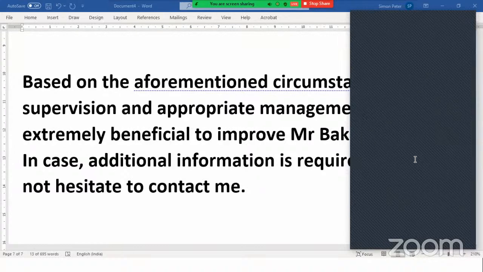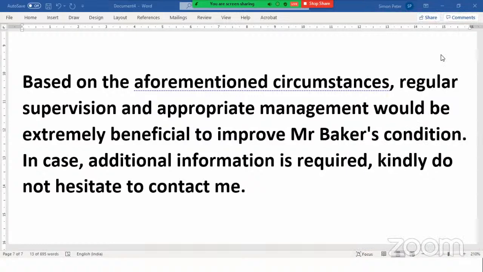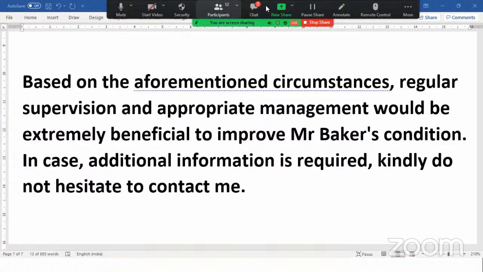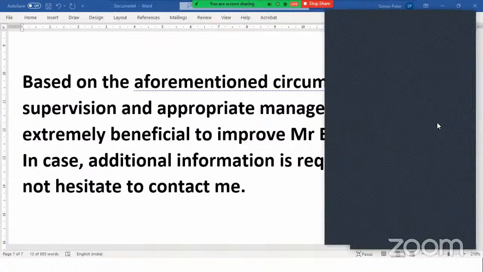So that's better. Sumaira, you have to start with the capital letter.